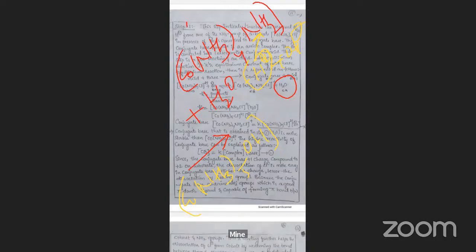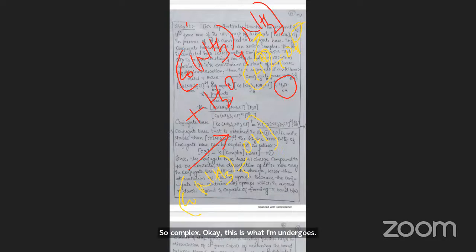So the pentaamminehydroxo complex is formed. Which pathway does this undergo? SN2 pathway. This acts as a conjugated acid. This conjugated acid again undergoes hydrolysis.